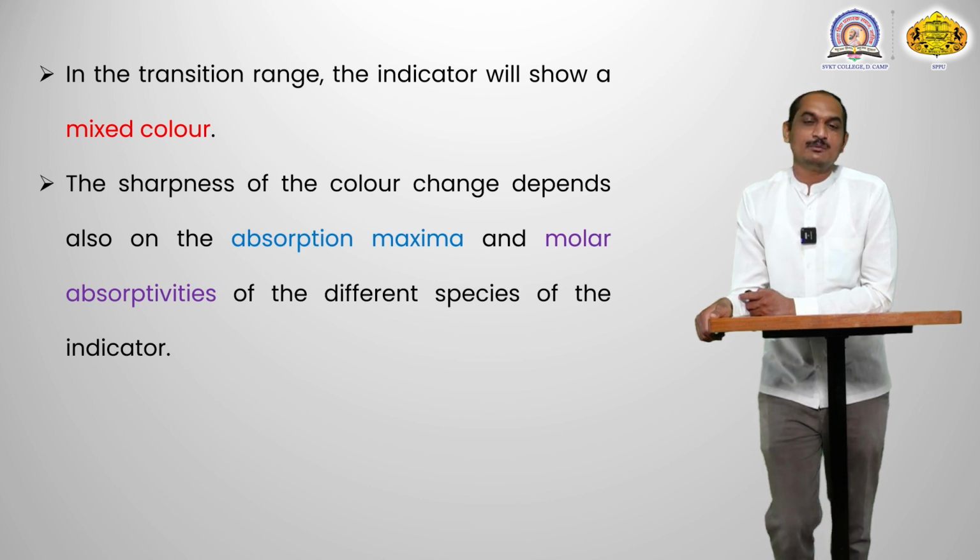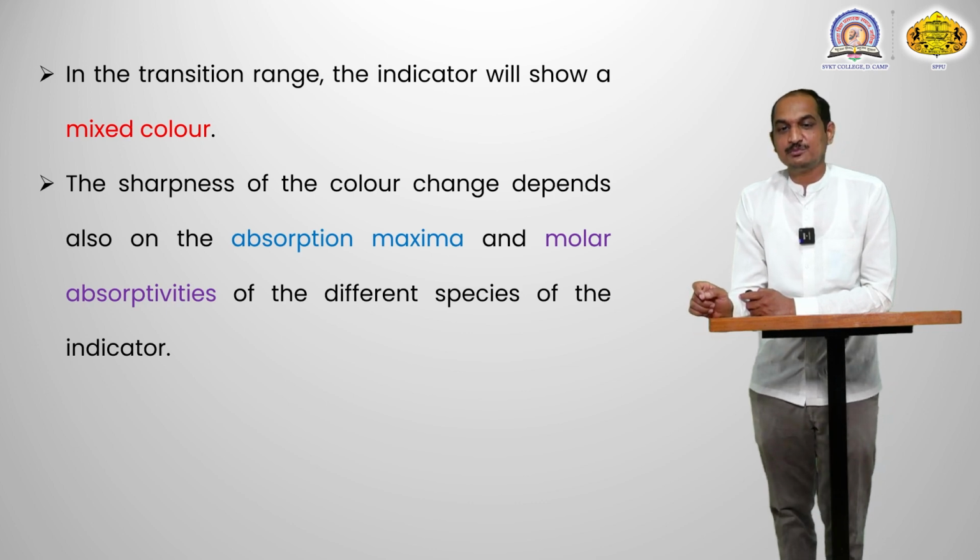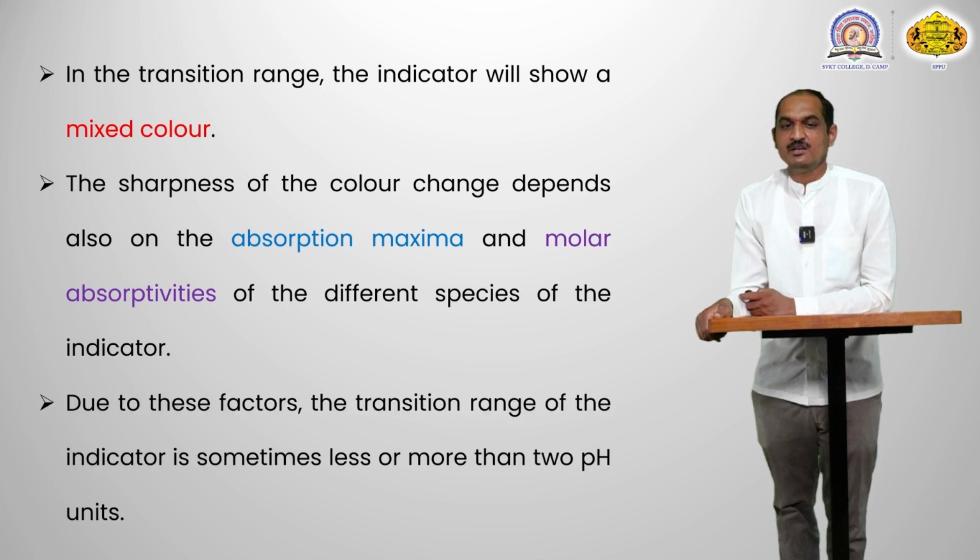So remember that the sharpness of the change in color of the indicator during the titration depends upon the absorption maxima and the molar absorptivity of the different species of the indicator. Due to these factors, the transition range of the indicator is sometimes less or more than 2 pH units.